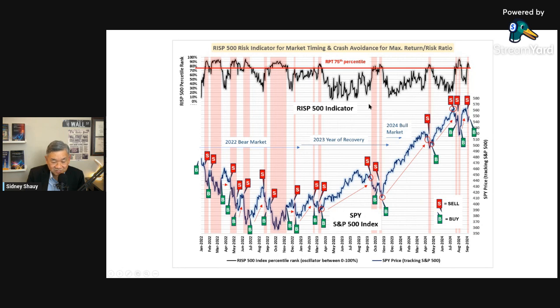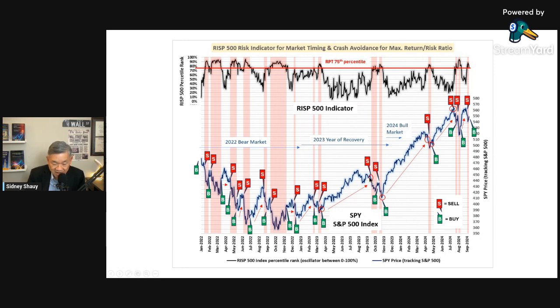And someone who has the indicator will have better confidence that it's okay, because if you look at the risk that the indicator measures, it's way below the 75th percentile, his own risk tolerance, so that's fine. So this is harmless.